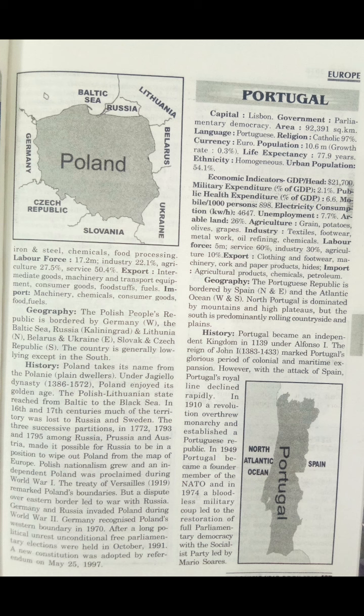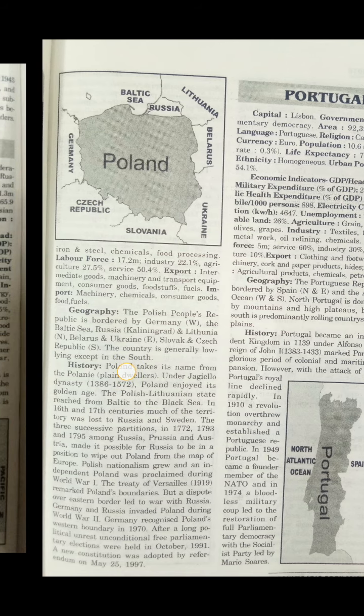Imports: machinery, chemicals, consumer goods, food, fuels. Geography. The Polish People's Republic is bordered by Germany from the west, the Baltic Sea, Russia's Kaliningrad and Lithuania from the north, Belarus and Ukraine from the east, and Slovakia and the Czech Republic from the south. The country is generally low-lying except in the south.